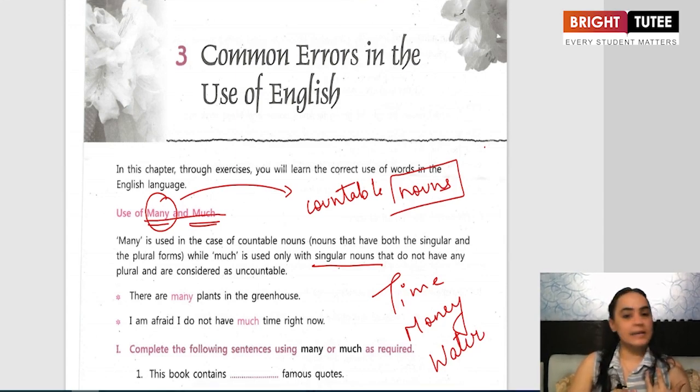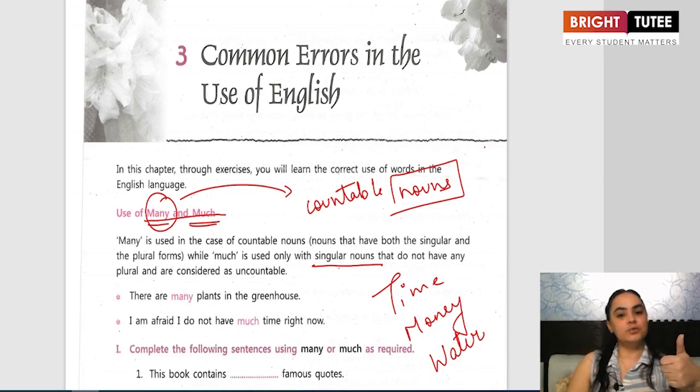Do we say times? No, we don't. Do we say monies? No. Do we say waters? No. So those nouns which do not have a plural form, we use much before them. I have much time, I have much money, I have much water, I have much milk, I have much juice in the glass, and so on.